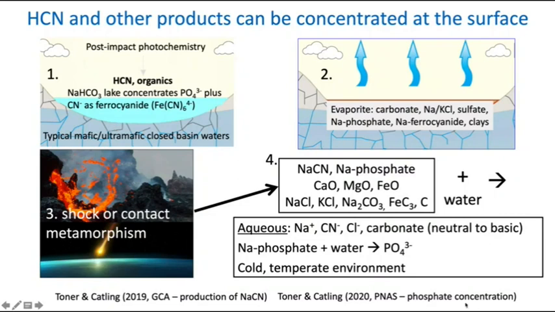And this has been demonstrated in experiments and models of this Toner and Catling 2020 PNAS paper. Such carbonate-rich lakes were likely common on early Earth and Mars because they arise from inevitable processes of mafic rock weathering under CO2-rich atmospheres and evaporation.